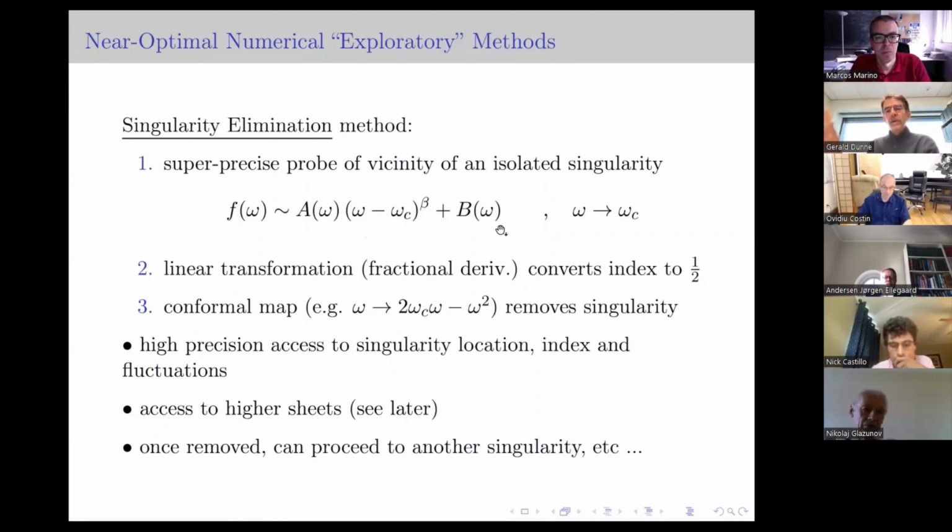Again, in principle, with enough information, you can extract the fluctuations around the second of these non-perturbative singularities, and you can see whether it is independent or just a repetition of the first one. Again, the number of terms in a fluctuation you can extract depends on how much information you have at the beginning. You can't do everything. The no free lunch theorem kills you at some point, but that's the procedure.